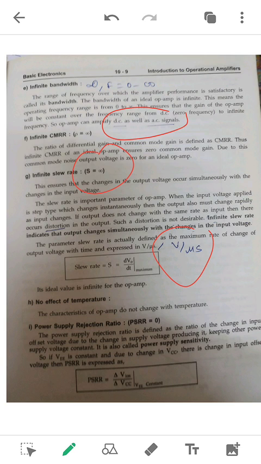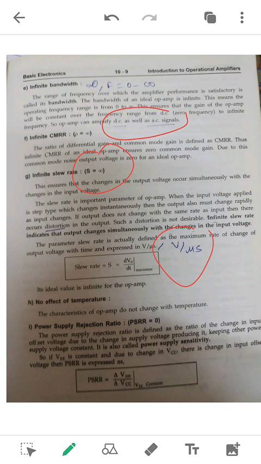If the input and output are not in synchronization, then it will not operate properly, and distortion and noise will be present in the system, or in the output we will get distortion.